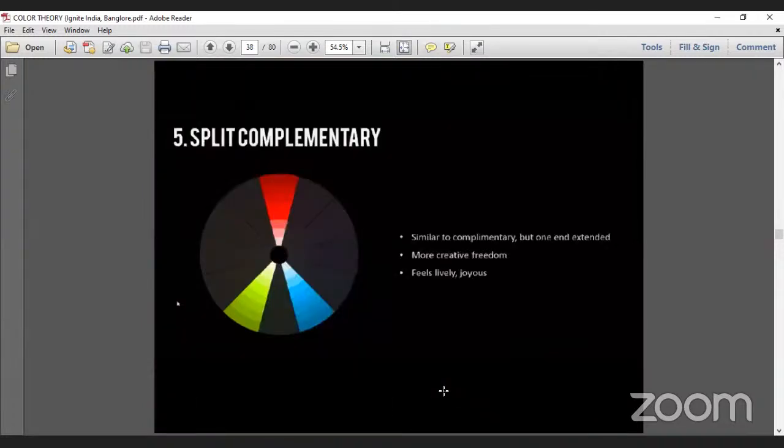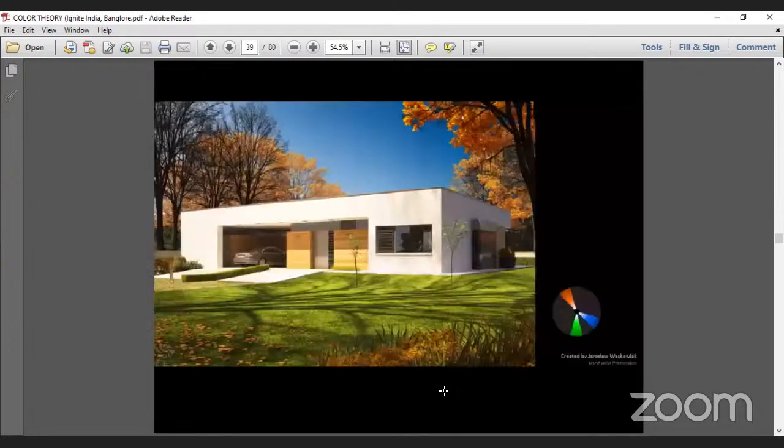Split complementary, not really necessary. You choose one color, the opposite one will not be taken, and the two colors adjacent to the opposite one will be considered. That is split complementary. It feels lively, joyous, gives more creative freedom, similar to complementary but extended. This is all about it.